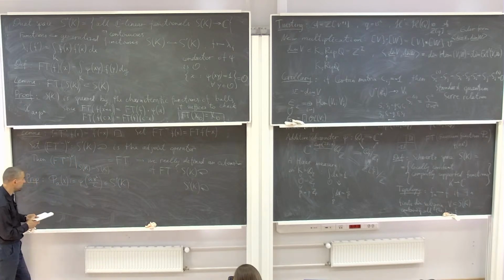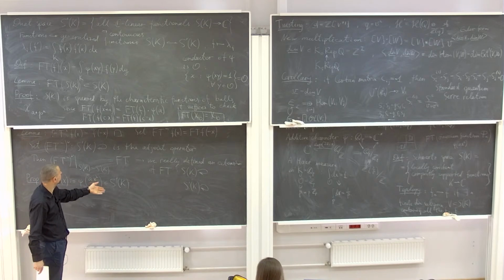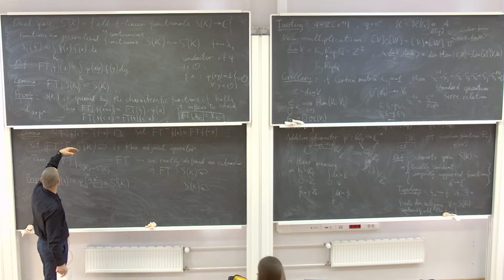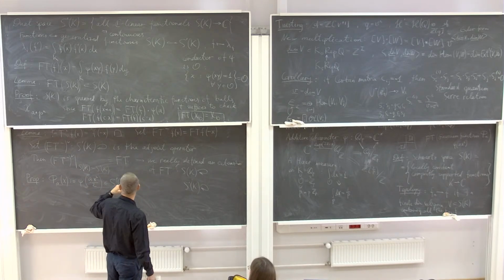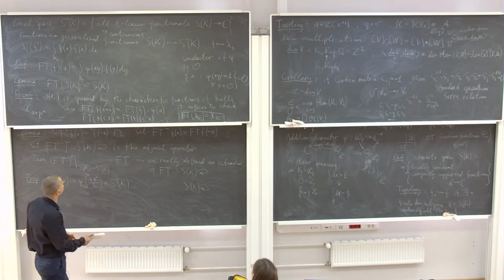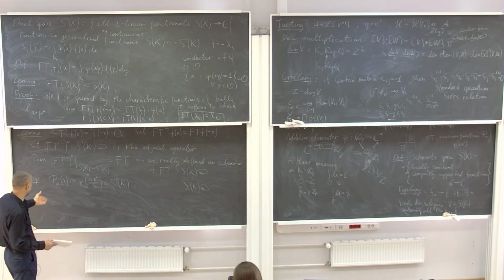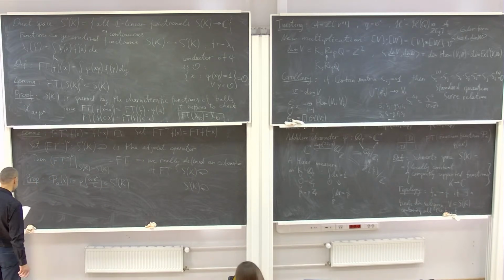It's a function not compactly supported, but somewhere I defined the map from functions to distributions, so it makes sense as a distribution on the Schwartz space.